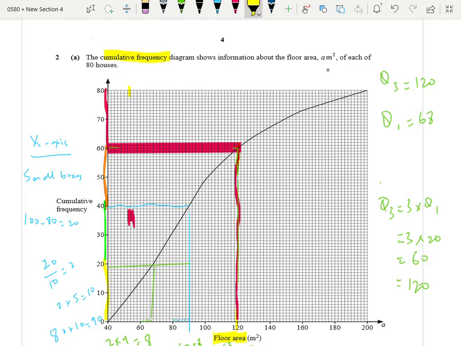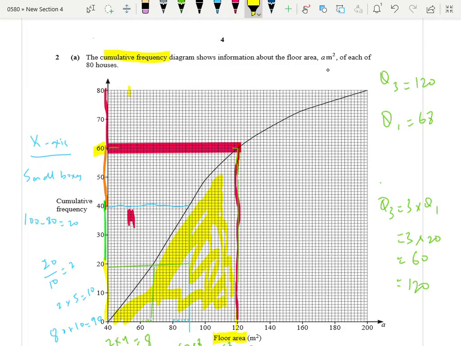So this is 120 right here, and it corresponds to 60, as you just saw, exactly to 60. So you have to subtract, total 80 houses are there, and you have to subtract 60 from 80. Why? Because 60 houses are such which have a floor area equal to or lesser than 120 in this range from 40 to 120 meter square.